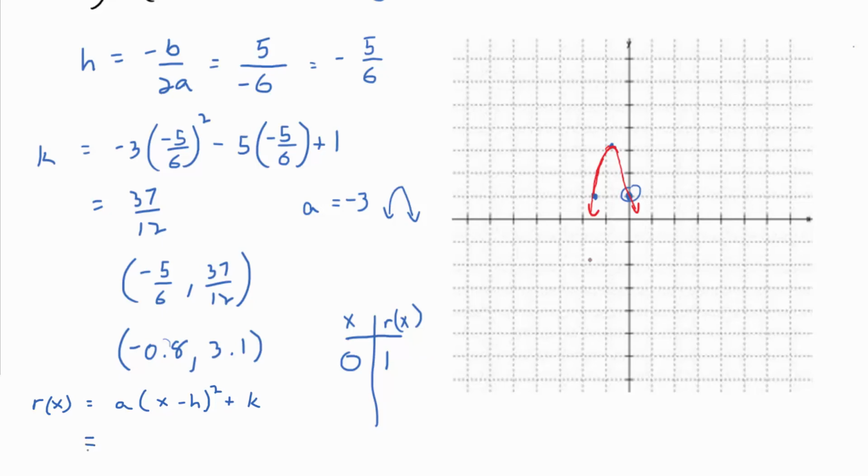A is the same a from the multiplied out form, ax squared plus bx plus c. We know that in this case that's negative 3. And then x minus h, x minus negative 5/6, that's the same as x plus 5/6, quantity squared, and then plus k. K is 37 twelfths, so plus 37 twelfths. And there's your vertex form of the given function.